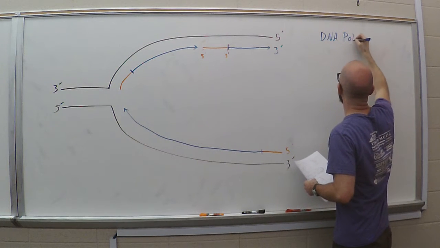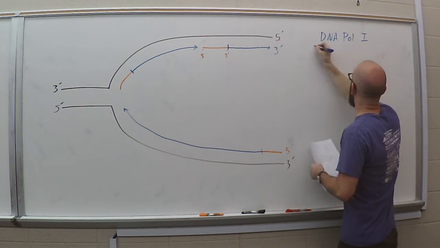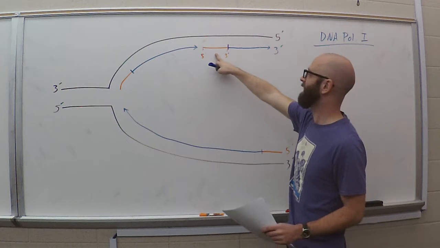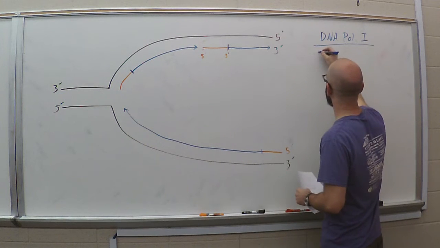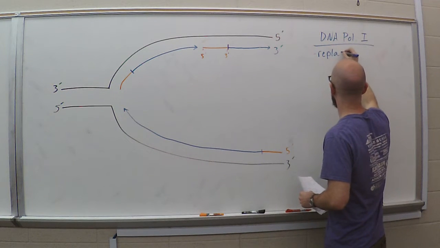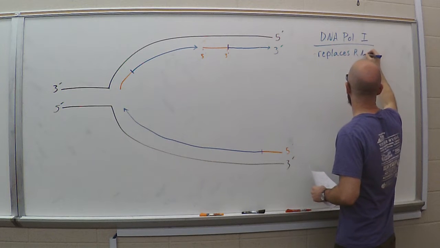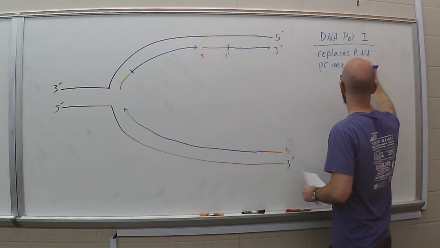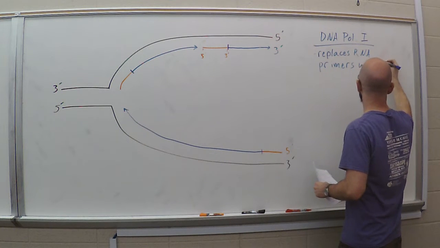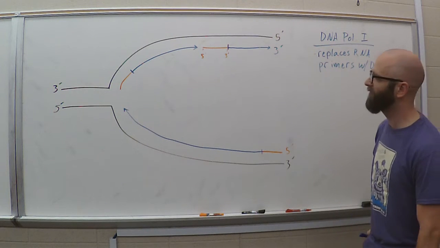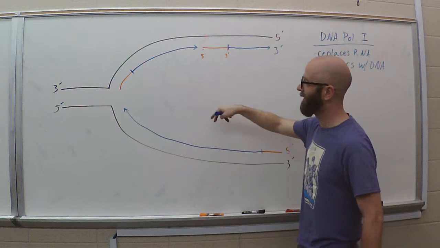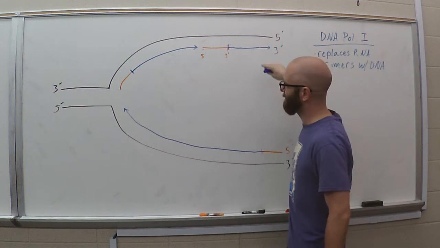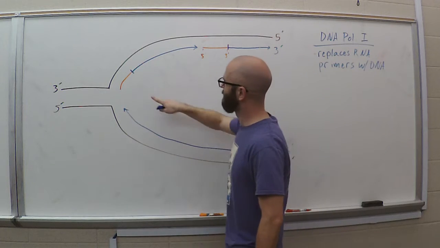DNA polymerase I. DNA polymerase I replaces the RNA primers with DNA. So DNA polymerase I will pull up these RNA primers and then replace them with DNA. So we'll do that.